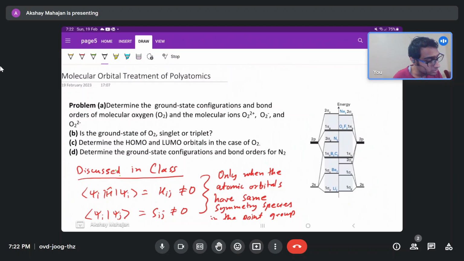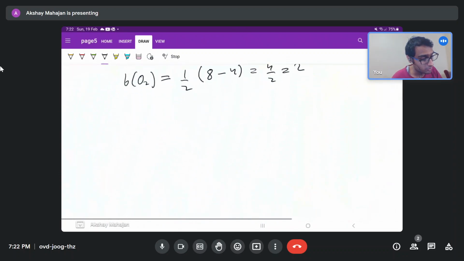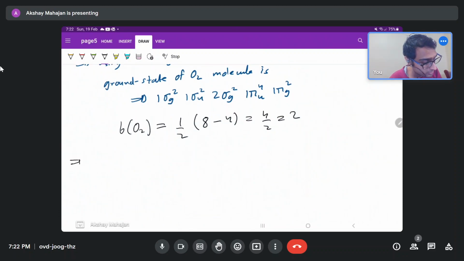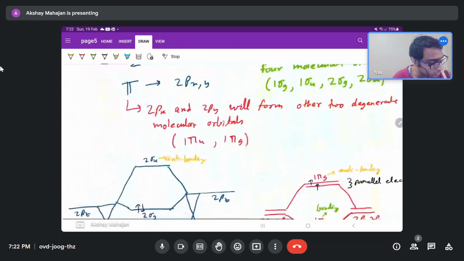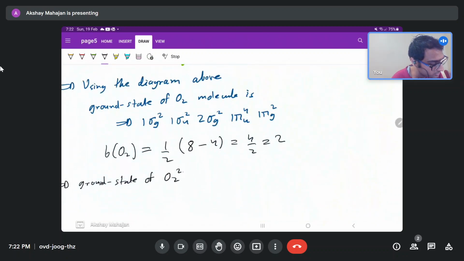Now we can do the same configuration and bond order we had done for the oxygen molecule for O2 plus, O2 minus, and O2 2 minus, just using the same electronic configuration. So I just do that. Starting from the ground state of O2, we don't have to do anything, we just change the electron configuration.